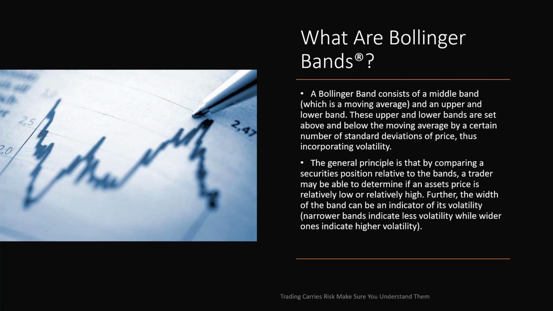Then it forms what we call an upper and lower band above and below the moving average that are done using a statistical formula called standard deviation. And thus it incorporates volatility. The general principle is that by comparing a security's position relative to the bands, a trader may be able to determine if an asset's price is relatively low or high. Further, the width of the bands can indicate how volatile the markets are.